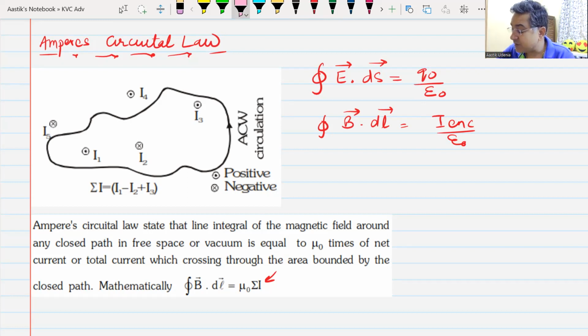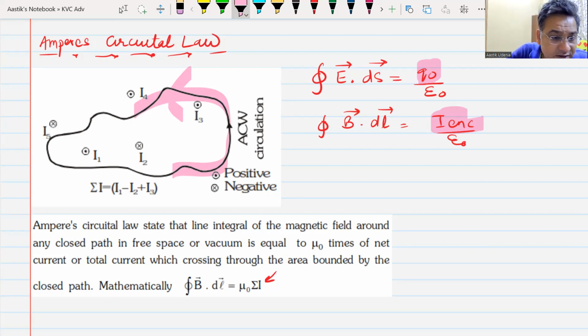There, if the charge were positive, it was taken as positive; if negative, it was taken as negative. How do you take current positive and negative here? You look at the direction in which you are moving in the loop. If you are moving in the anti-clockwise direction, outward currents will be taken as positive and inward currents would be taken as negative. Do we understand this?